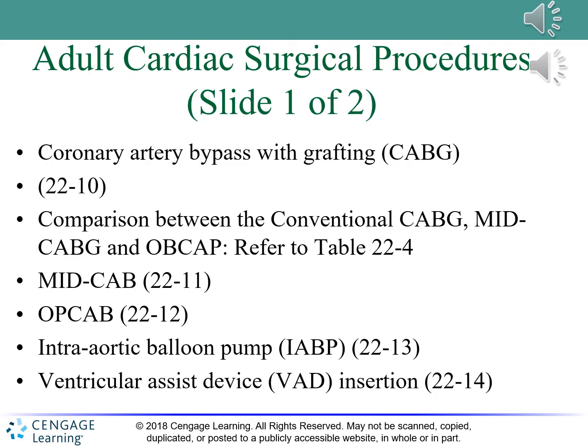Okay, so on page 1037, you can see the left ventricular venting. And also on 1036, you can see all the cannulas that are going in and how they have to be sutured in place because, again, they'll just slip right out.